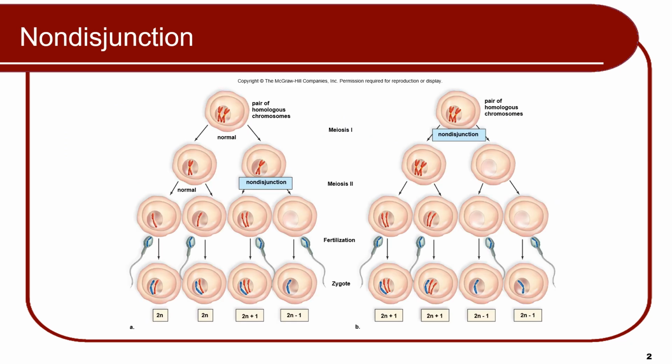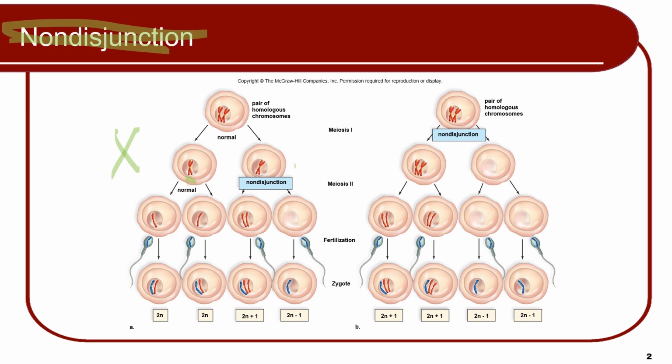So these are examples of non-disjunction. It can happen either in meiosis 1 or meiosis 2. So this first one is showing meiosis 2. Here meiosis 1 occurs, and we have 2 daughter cells. They're just showing one chromosome that has 2 sister chromatids.